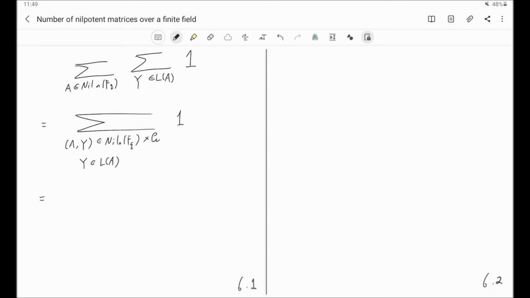And this will be equal to the summation over all pairs still in this Cartesian product such that AY is equal to YA.